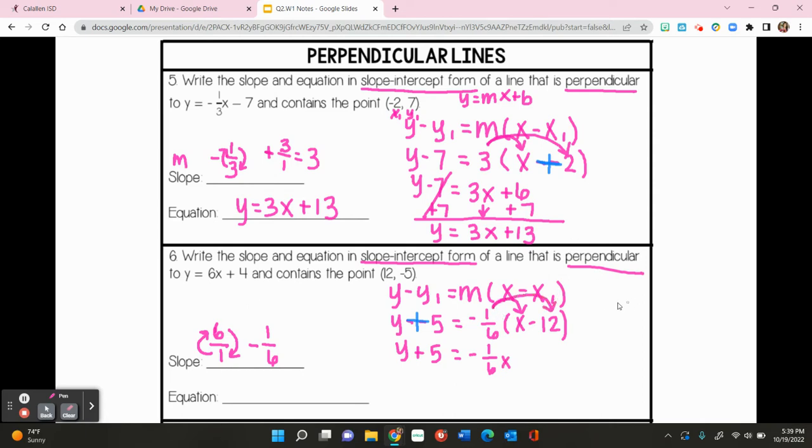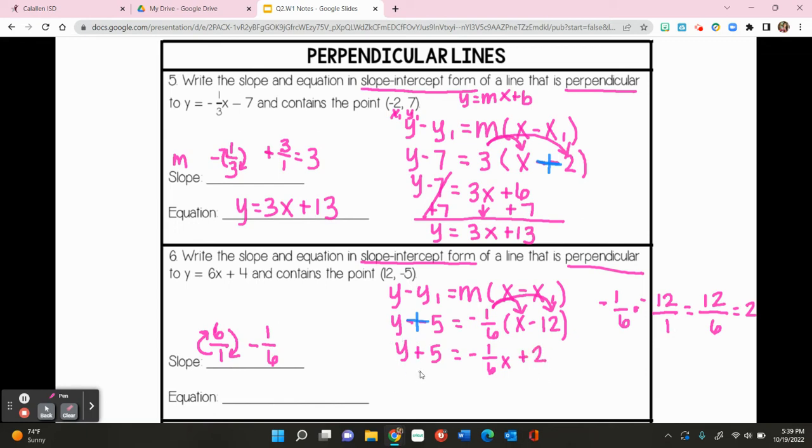If you put that in your calculator, you'll put control divide -1/6 times 12. I don't have a calculator on me, so I'm going to put this over 1 and I'm going to multiply across. Negative 1 times negative 12, that's a positive 12, divided by 6 times 1, which is a positive 6, which equals 2. So plus 2.